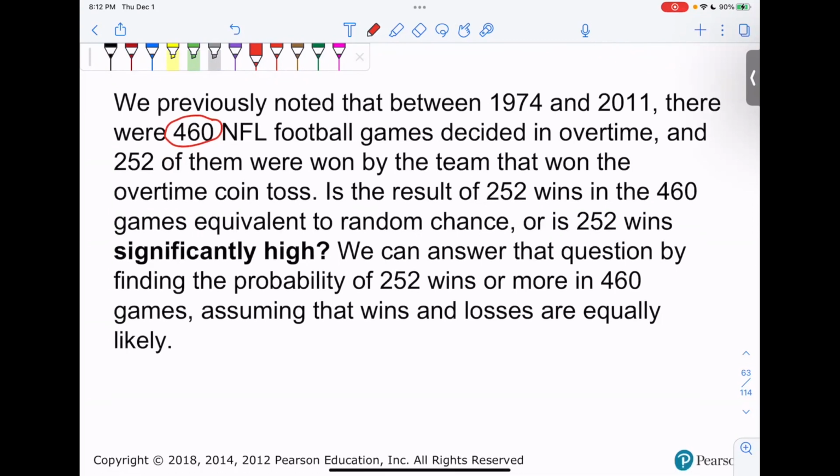Okay, so they ask us if 252 wins is significantly high or not. Do you remember that we did say that if the probability of X successes or more must be less than or equal to 0.05, then we say it's significantly high, right?